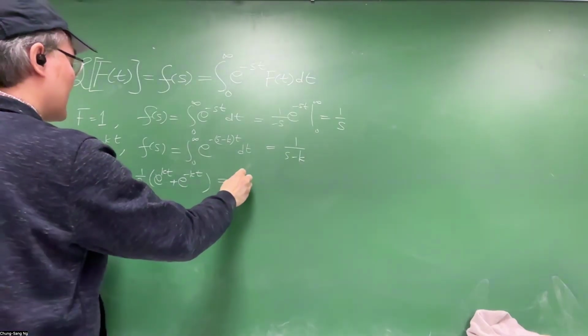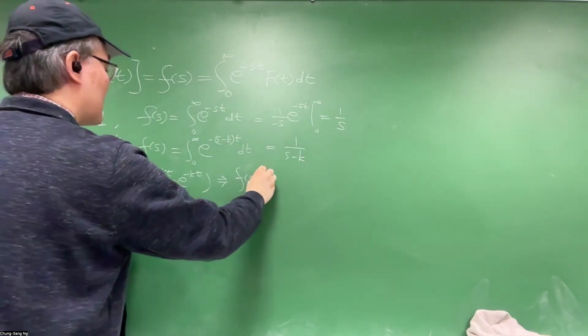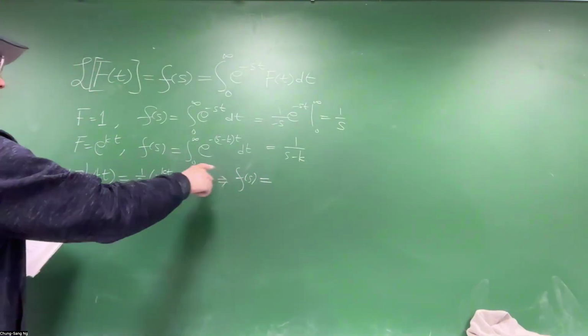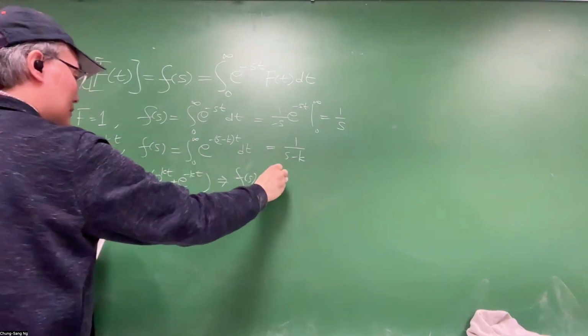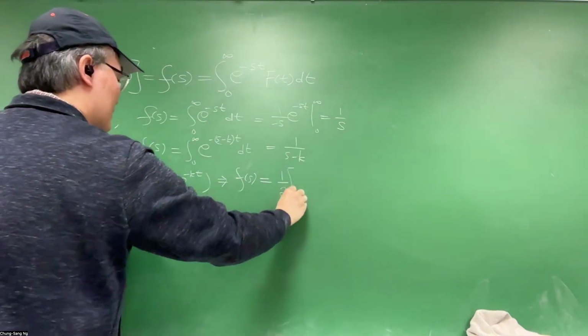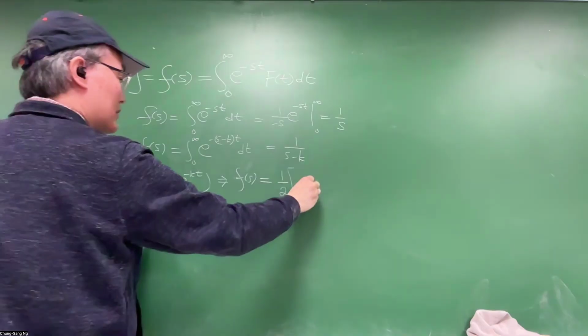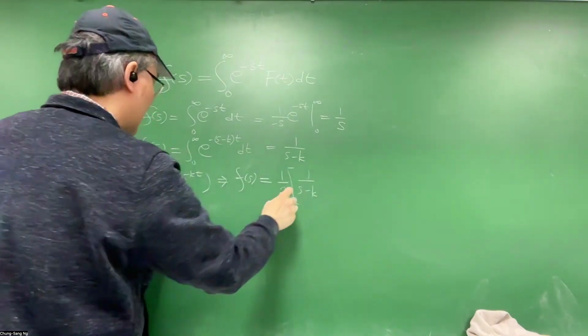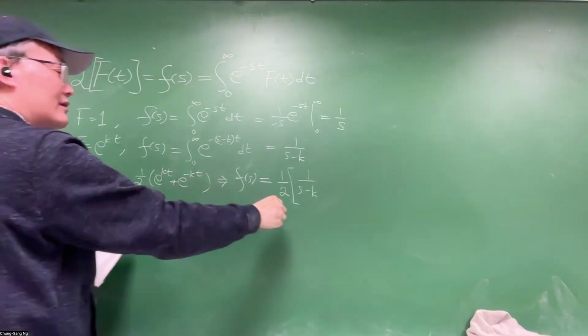So you already know that this term is just this one. So you first keep the 1/2 factor. This one is the Laplace transform, this one is just this one, and the Laplace transform is this one changing k to minus k.